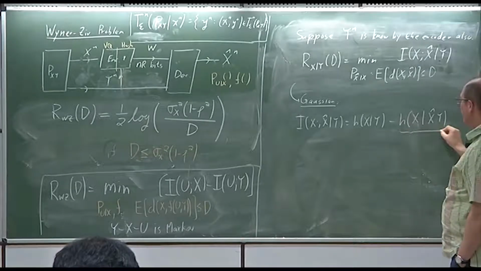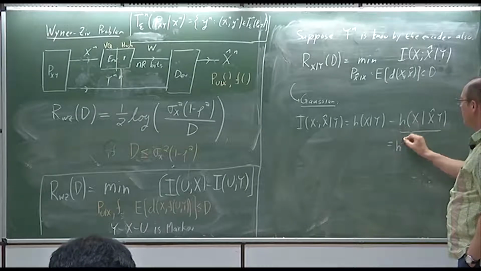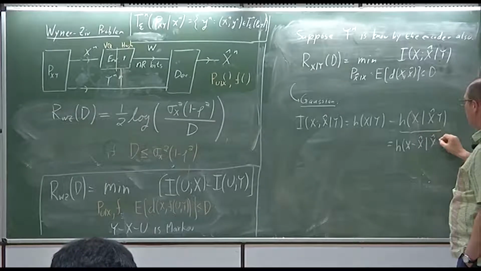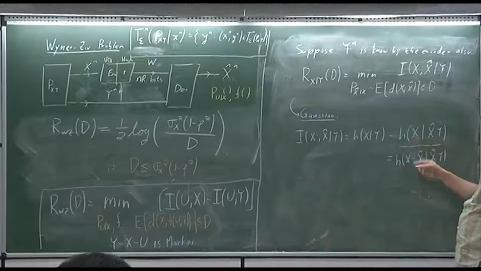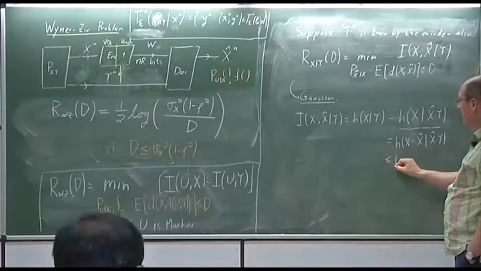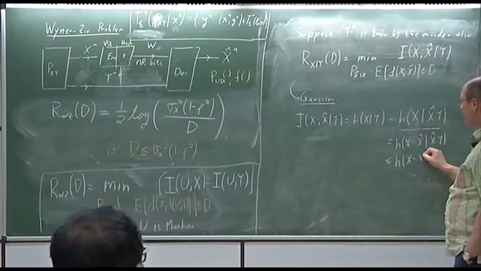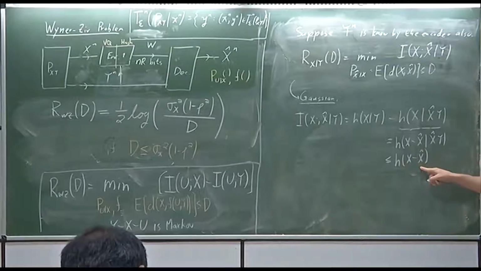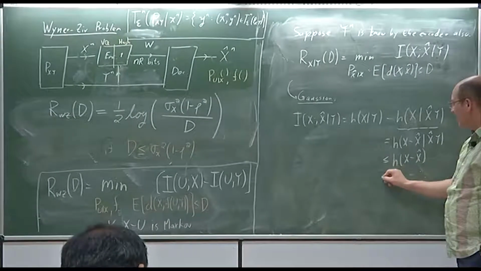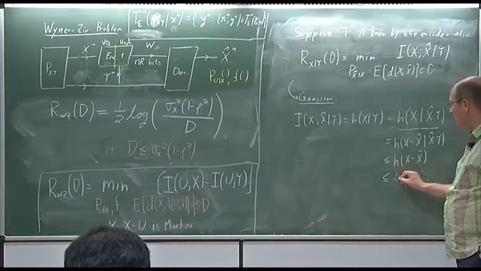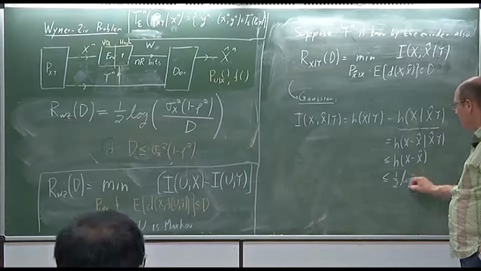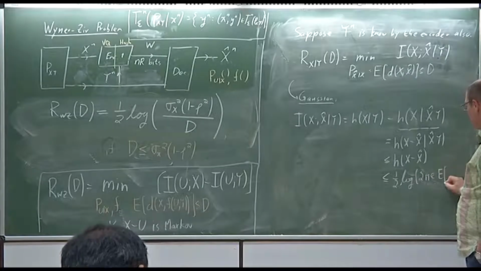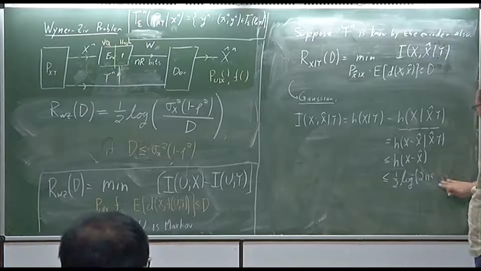Now this thing here is equal to h of x minus x hat, obviously, so I can just subtract that off. And then I can say that's less than h of x minus x hat, right? And this thing here is going to be less than 1/2 log 2 pi e times, by the maximum entropy theorem, the variance.